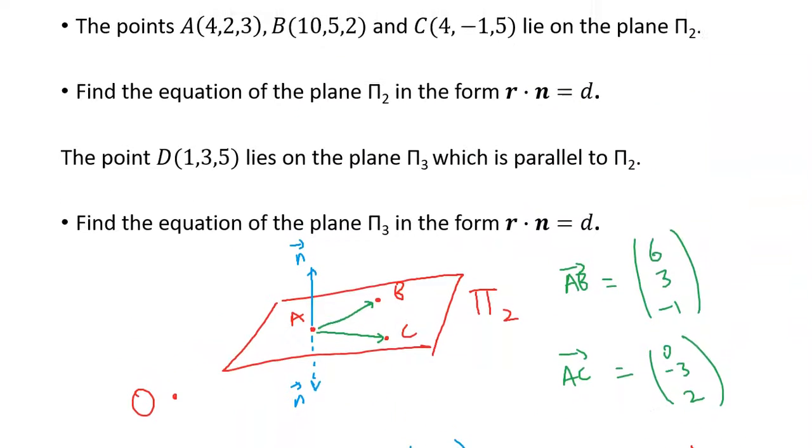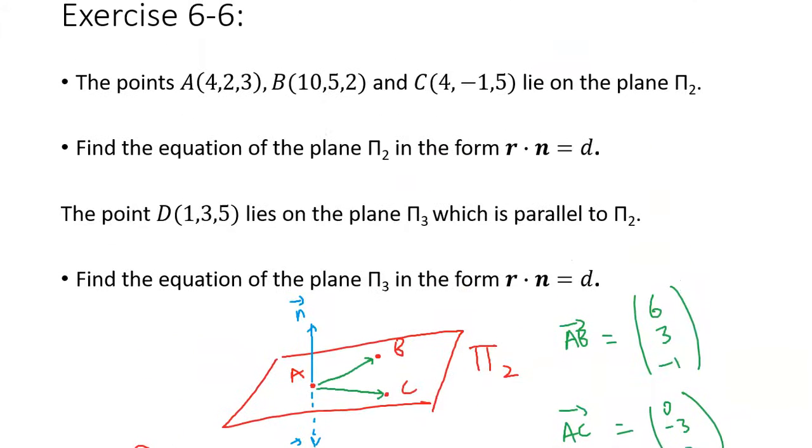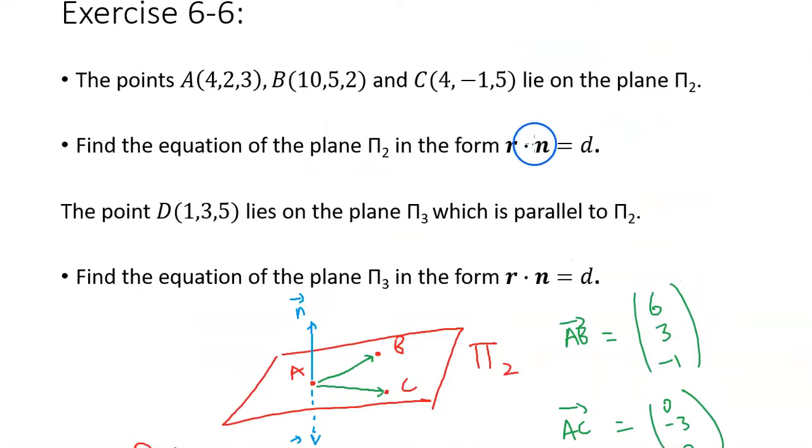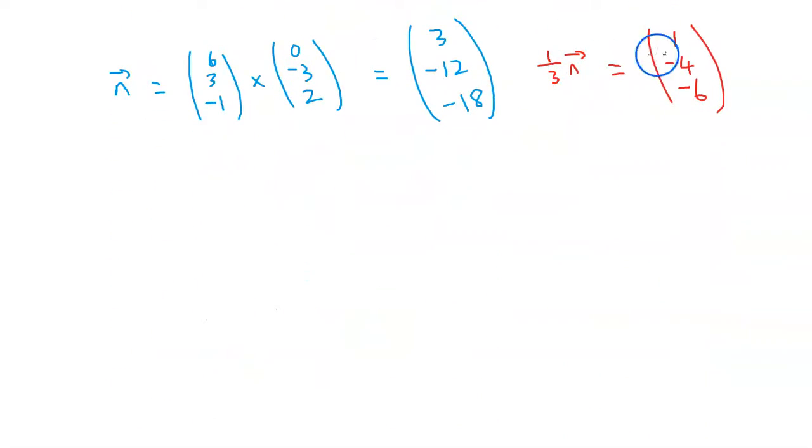Okay, and so then we can get our equation of pi2 in this form here. So we have r, which is x, y, z dot n. So this is our new n, 1/3 of n actually. So it's x, y, z dotted with 1, negative 4, negative 6.